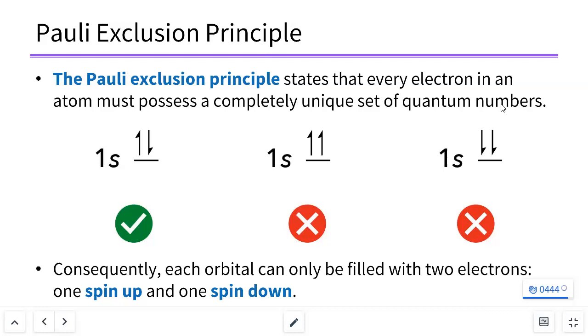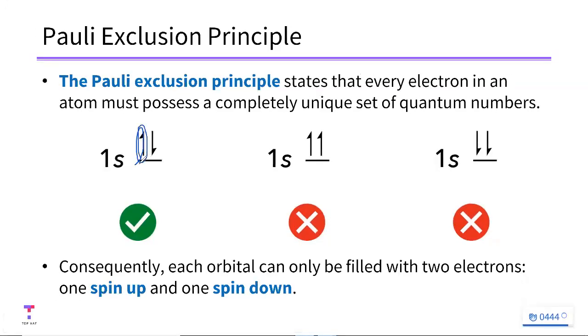So the only way we get this one in the middle or this one on the right is if we're in an excited state of some kind. But we can still evaluate the quantum numbers of individual electrons in a system here.